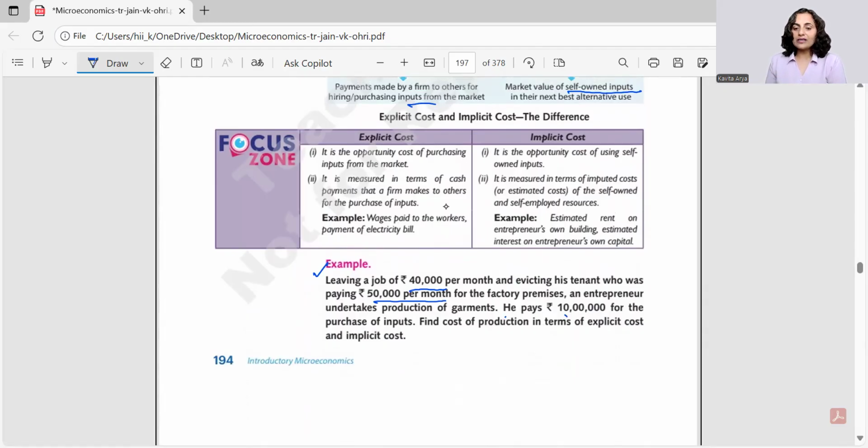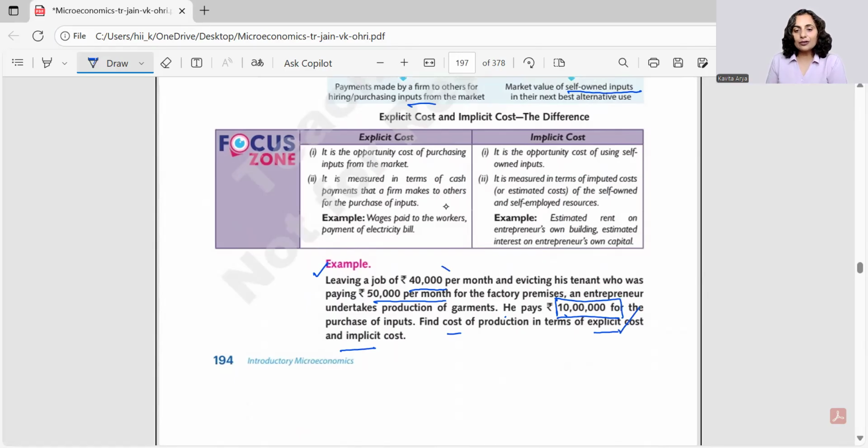So, what is going to be the cost, which is the sum total of explicit and implicit cost? We have to clarify which is the explicit component and which is the implicit component, because this 10 lakhs is clearly going outside, is paid, right? So this becomes the explicit cost, right?